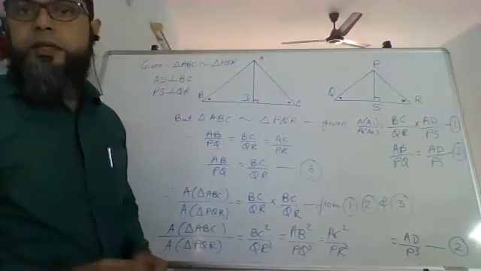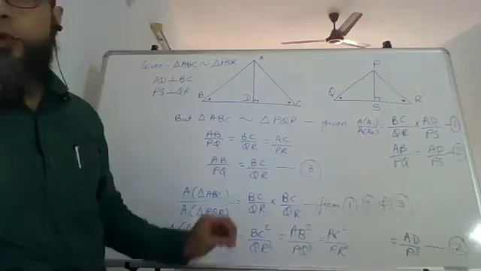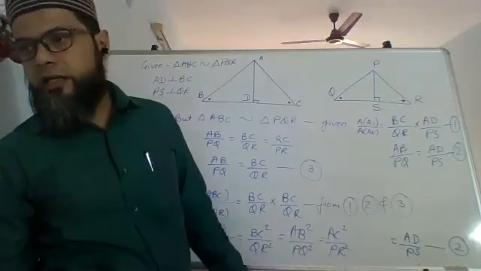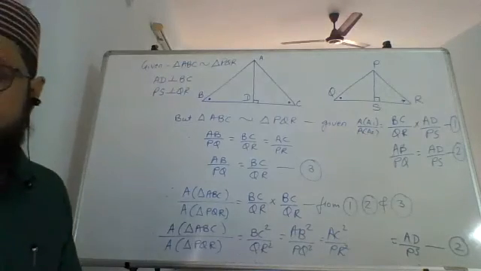Okay, that is how we can prove it. In short, if two triangles are similar, the ratio of their areas is the ratio of the squares of their sides.